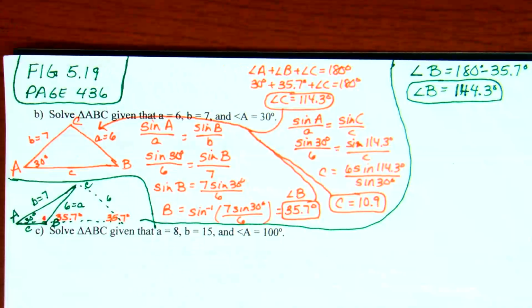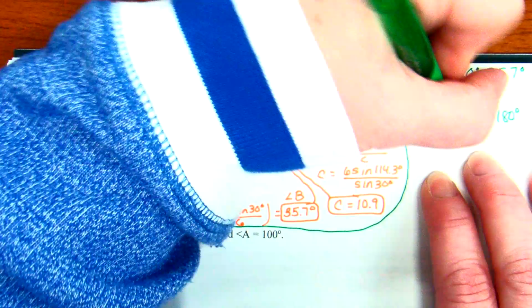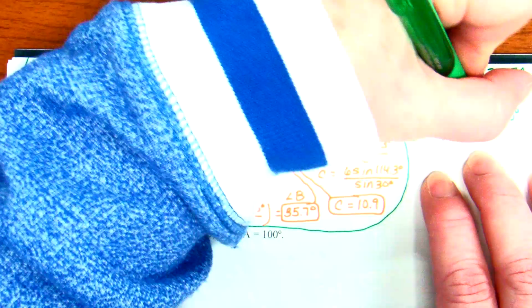Okay. So we found the new angle B. The new angle C is based off the fact that all three angles still have to equal 180, right? So angle A plus angle B plus angle C is 180. Angle A, back from the given, was 30.